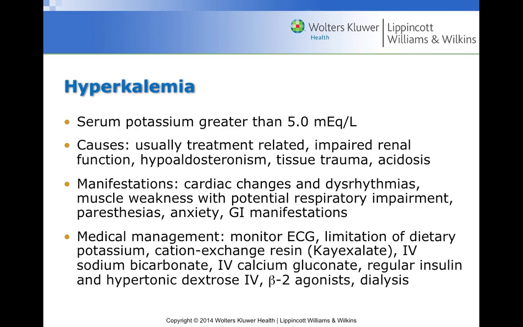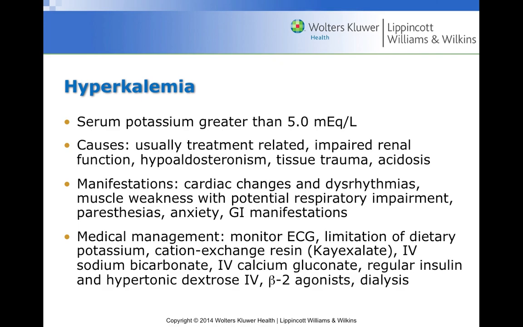So serum potassium levels and ECG changes are crucial to the diagnosis of hyperkalemia as discussed previously. Also, our arterial blood gases may reveal both metabolic and respiratory acidosis, which we will cover shortly.